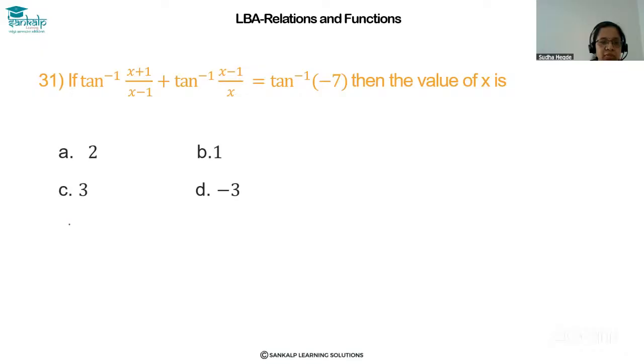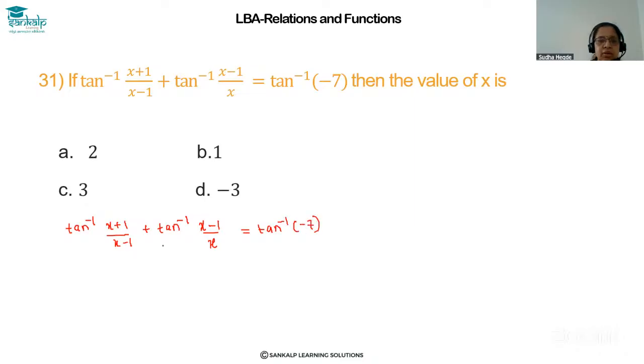So given tan inverse of (x plus 1) divided by (x minus 1) plus tan inverse of (x minus 1) divided by x, that is equal to tan inverse of minus 7.